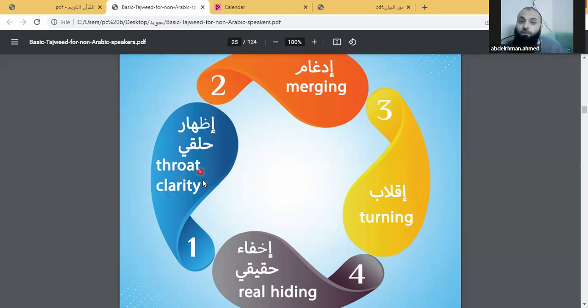So its name is throat clarity, or in Arabic izhar halqi. The second rule is merging, or in Arabic idgham. The third rule is turning, or in Arabic iqlab, or we say changing. Turning, or I prefer to say changing. They are the same, changing.